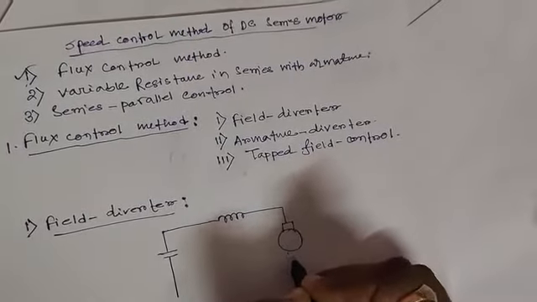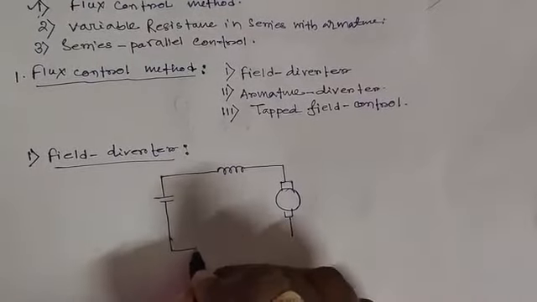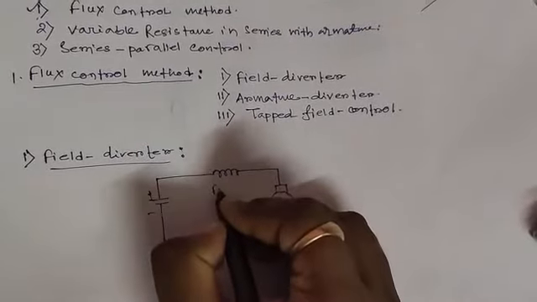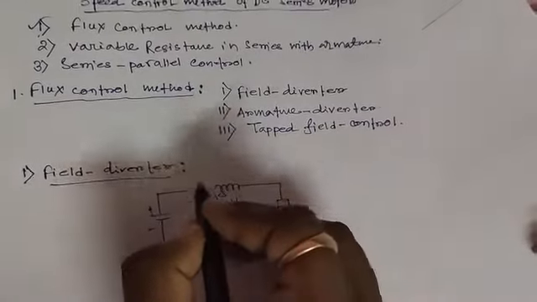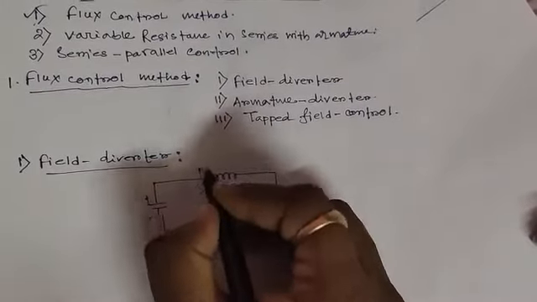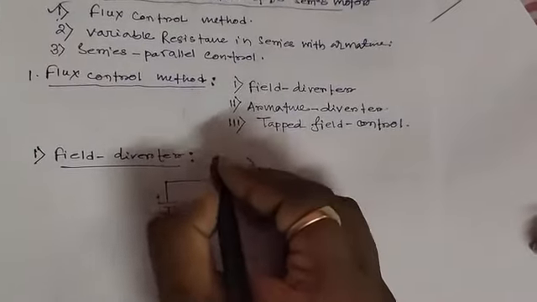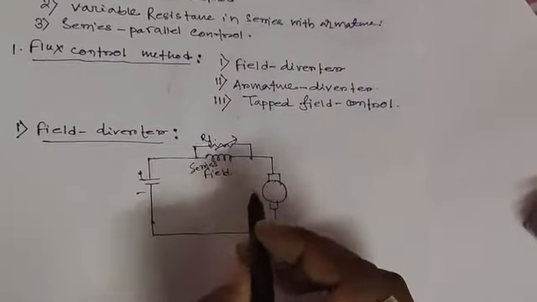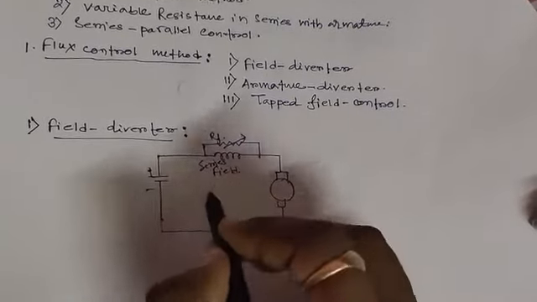A variable resistance RF is connected in parallel to the series field, as shown in this diagram.